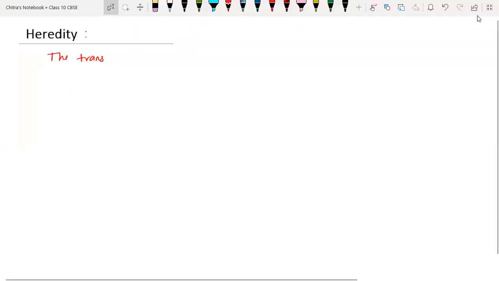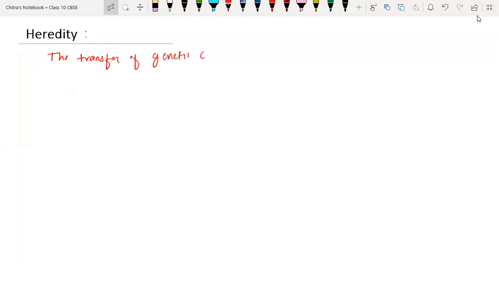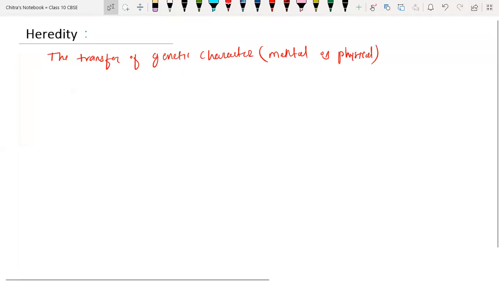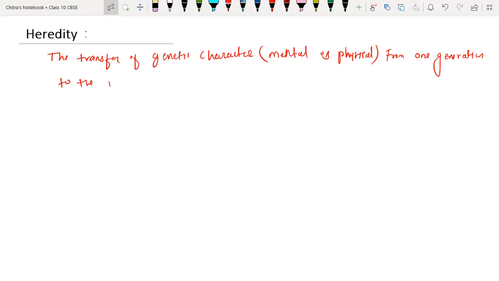The transfer of genetic characters. These characters may be mental or physical, from one generation to the next generation through genes, is called heredity.